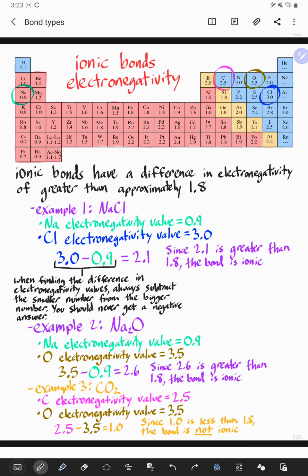So ionic bonds are typically a bond between a metal and a nonmetal. I went ahead and colored in a periodic table of just metals versus nonmetals, and then the metalloids here separating them. Nothing fancy.